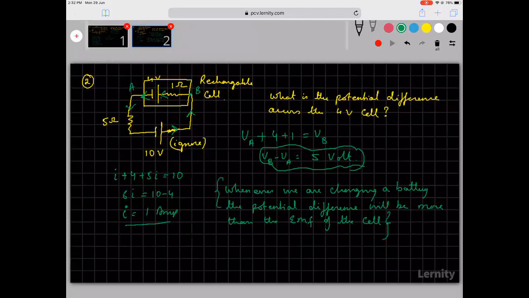So that is basically what we are seeing. Even though the EMF of the cell is 4 volt, when we find out the potential difference, it comes out to 5 volt.